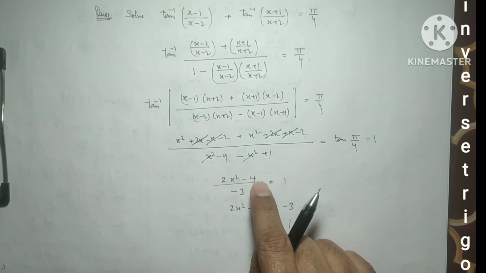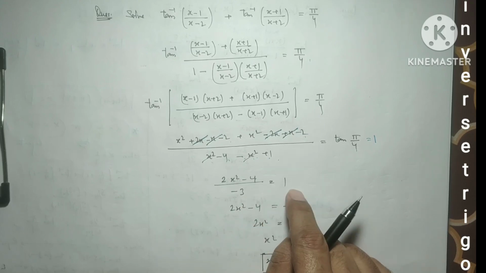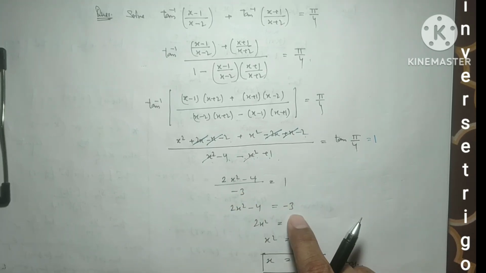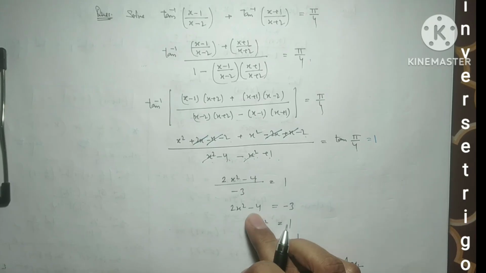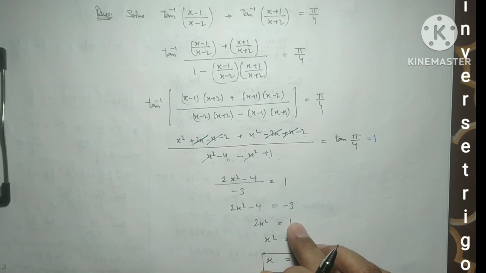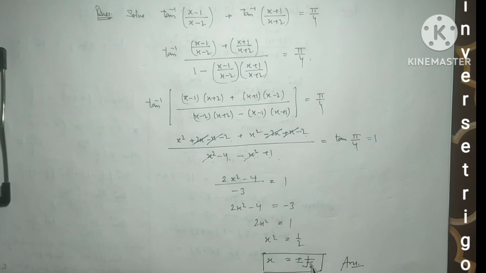So 2x square minus 4 over minus 3 equals to 1, means 2x square minus 4 equals to minus 3, and 2x square equals to, when it comes here, minus 3 plus 4, you get 1, means x square is 1 by 2. So x is plus 1 over root 2 and minus 1 over root 2. So these are the values of x. This is the answer.